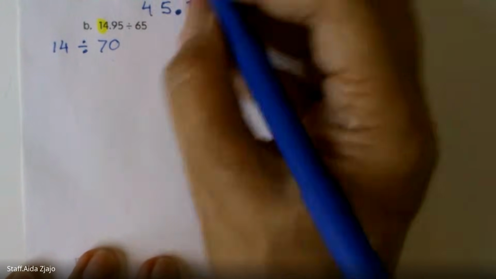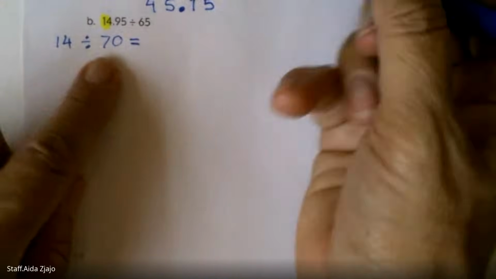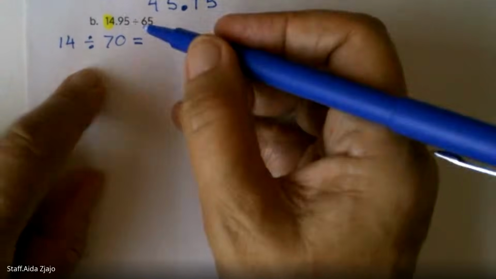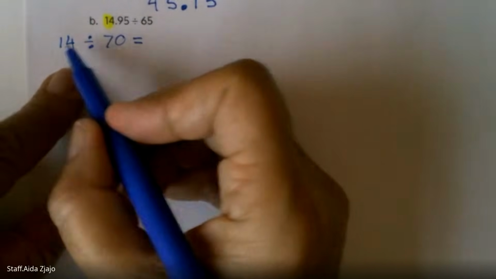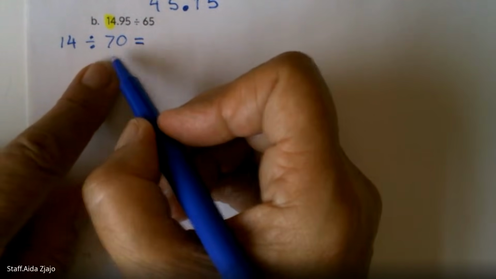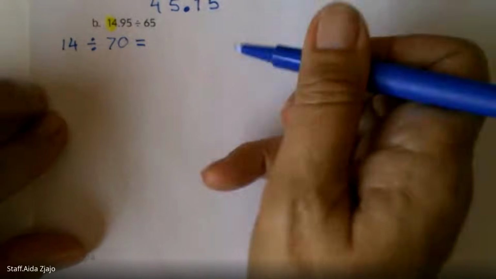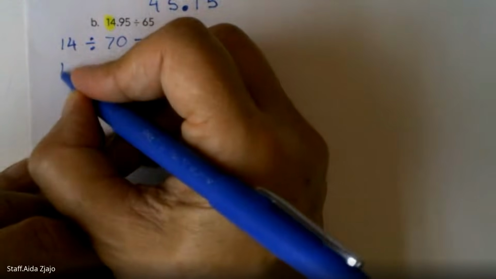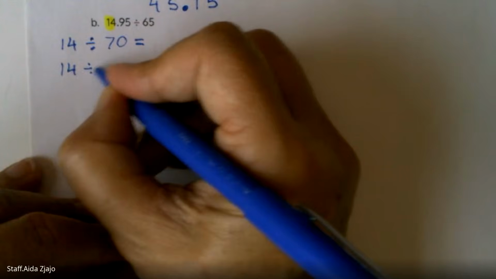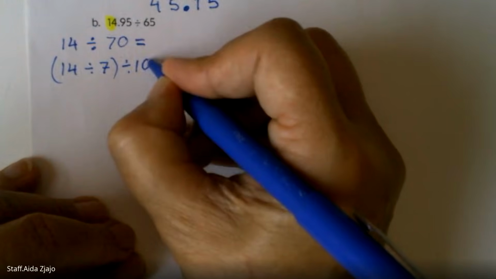That's my estimate. If I think 14 divided by 70, I can use that strategy. Remember, 14 divided by 7, and then divide that quotient by 10, because 70 is 7 times 10.